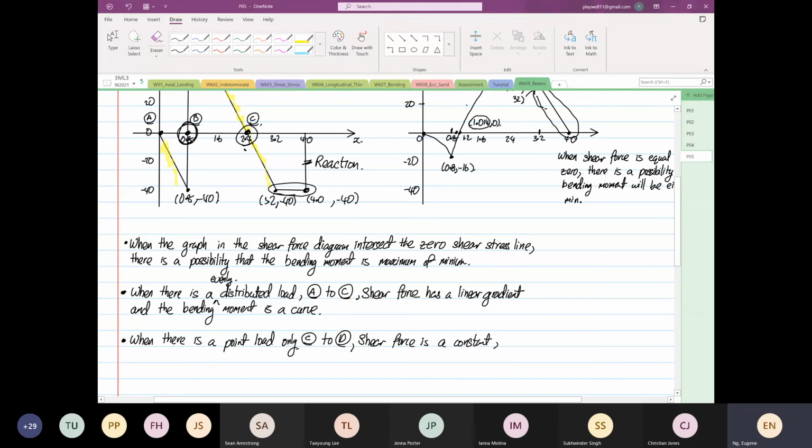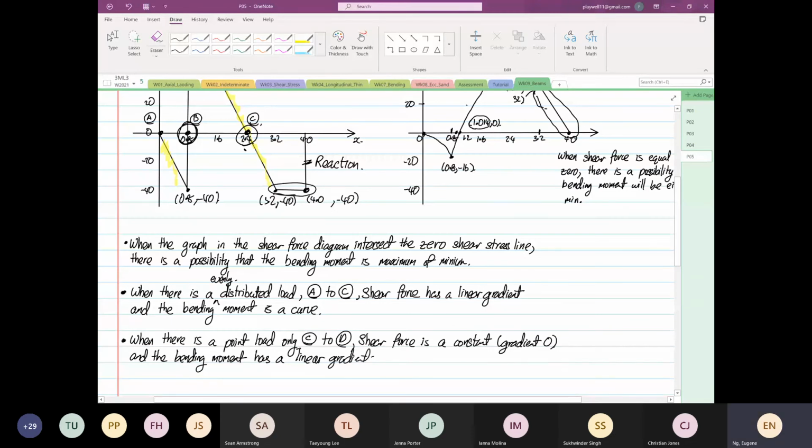Constant means that the gradient is equal to 0. And the bending moment, you guys should learn this in math, has a linear gradient.